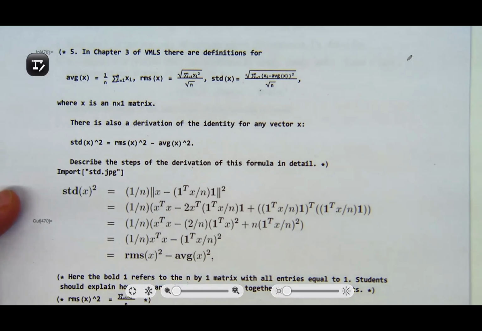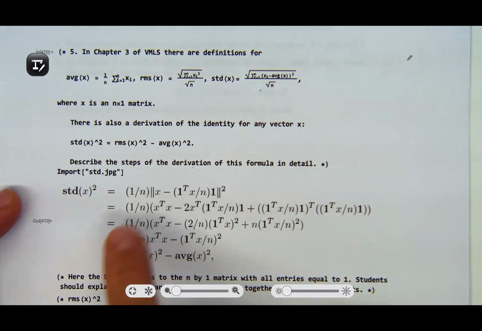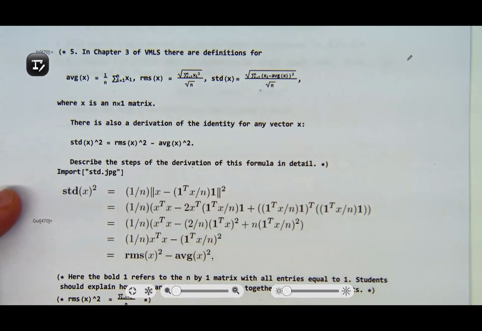It says STD of x all squared is equal to this. So that's the opening line. We have 1 over n, that's a scalar. Then we have a square of a norm. So this is a formula written in terms of vectors.